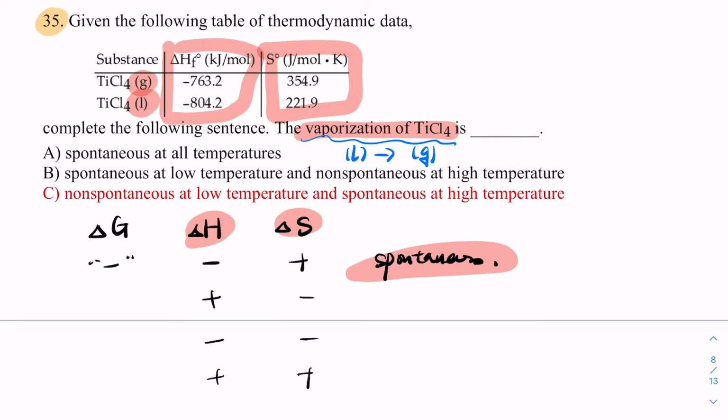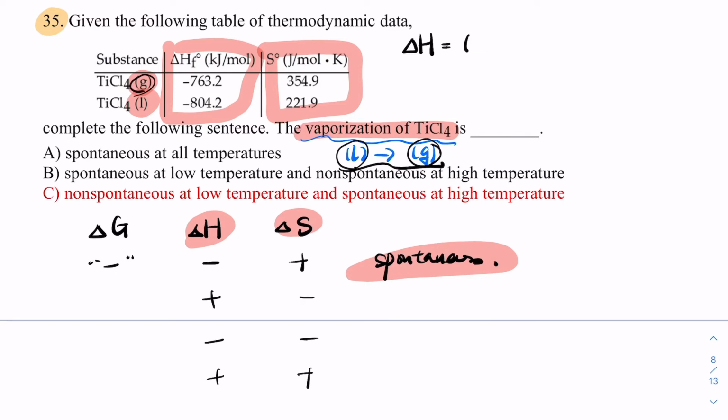If we're going from liquid to gas, we are looking for a change. For the change in delta H for this process, we use the gas phase minus the liquid phase. That's final minus initial, and the final state will be gas.